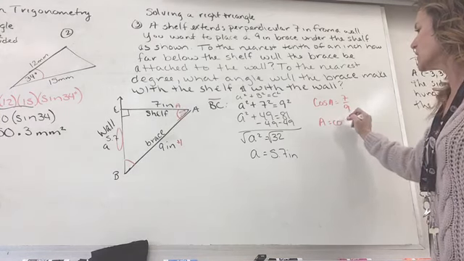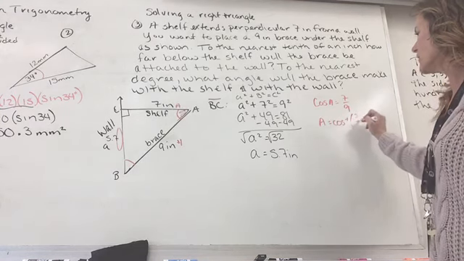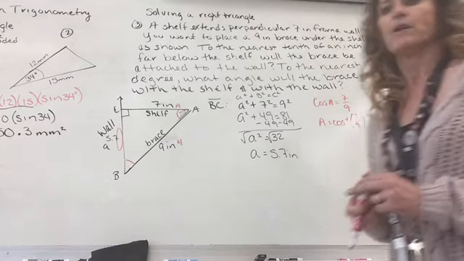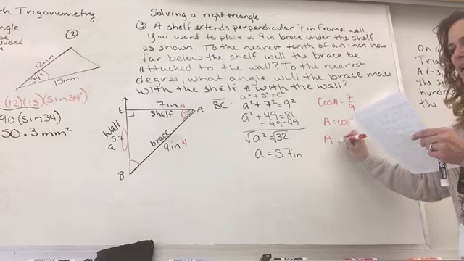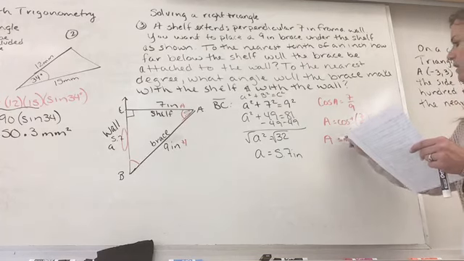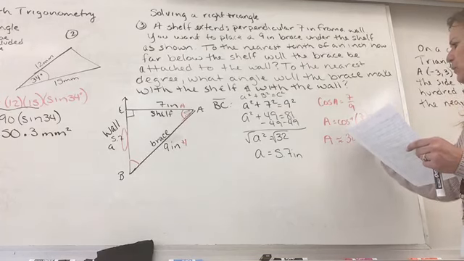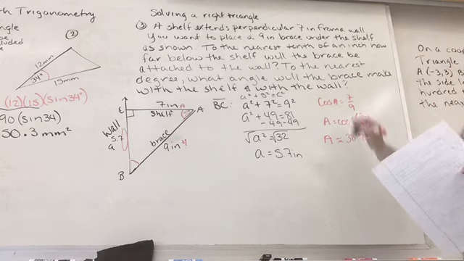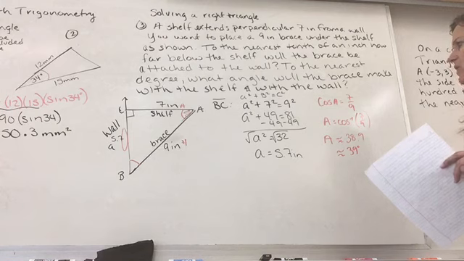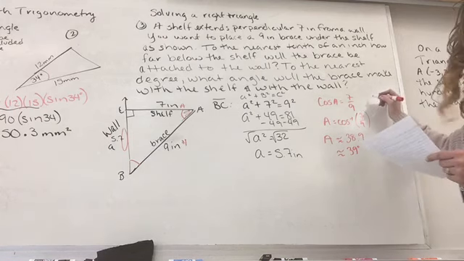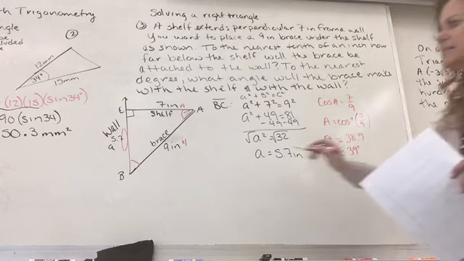So we have A is equal to the inverse cosine of 7 divided by 9. From there, you simply plug things into your calculator, and it comes out to be 38.9. It asks us to round it to the nearest degree, so that's approximately 39 degrees for angle A. And then for angle B, same idea.